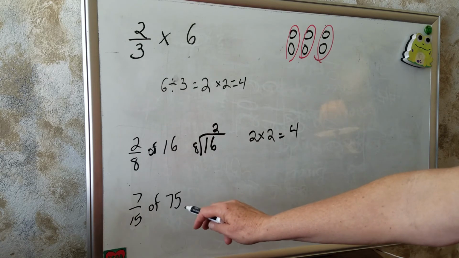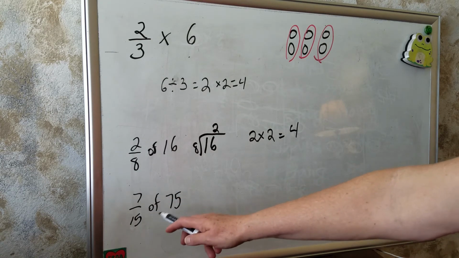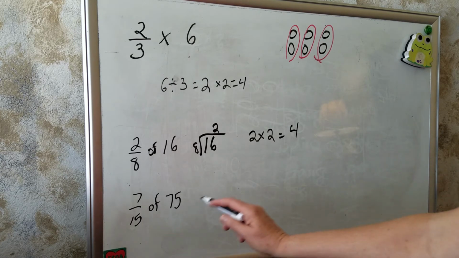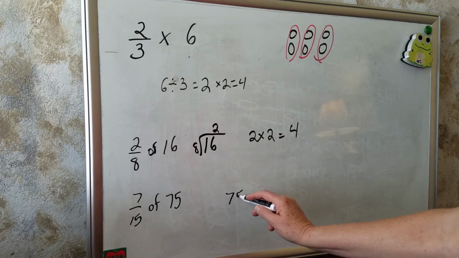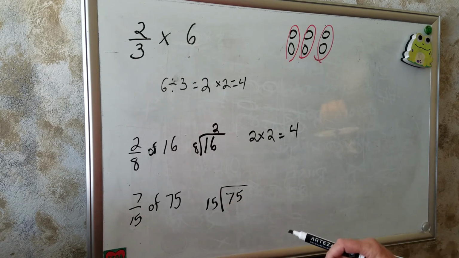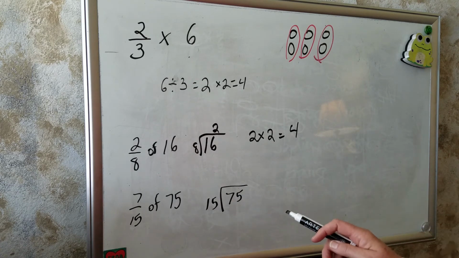Now let's work one that's much harder. I need to find 7/15 of 75. First, I'm going to take 75 and divide it by 15. I know we don't know our multiplication tables up to 15, but remember how we've talked about we should keep some of the multiples of 15 in mind.